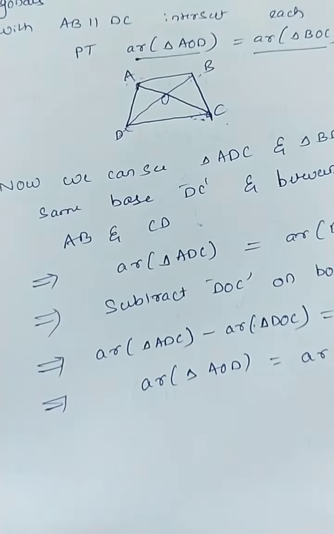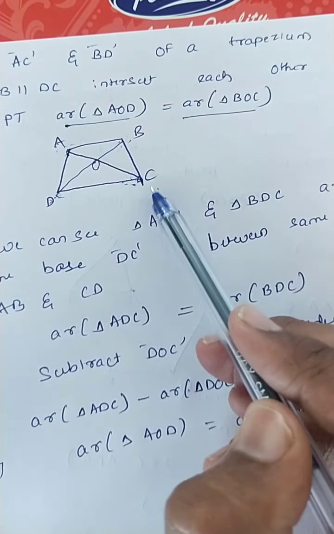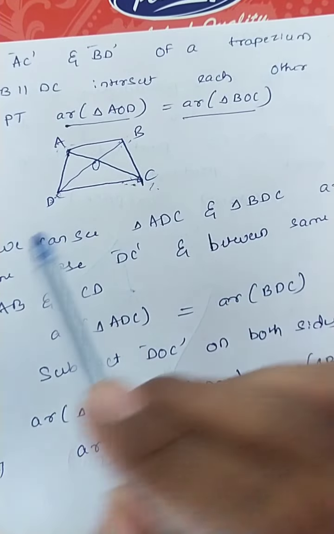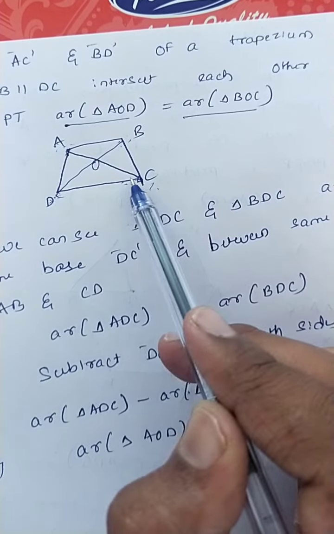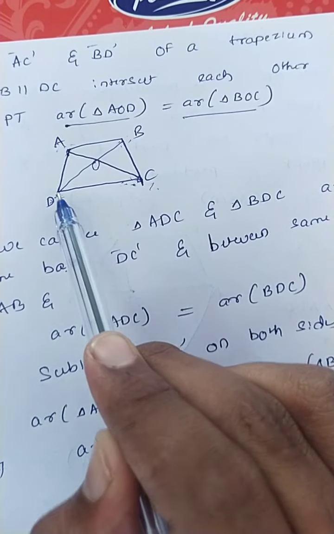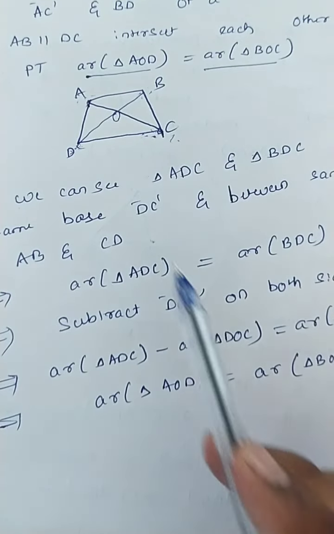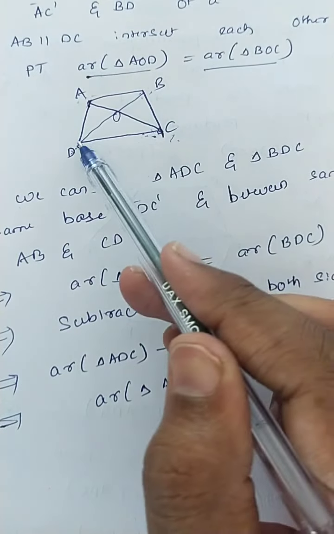See here once again the question. This is the trapezium ABCD and these are the diagonals BD and AC. In triangle ADC and triangle BDC, they are standing on the same base DC and between the same parallels DC and AB, and we can say that the area of triangle ADC is equal to the area of triangle BDC.